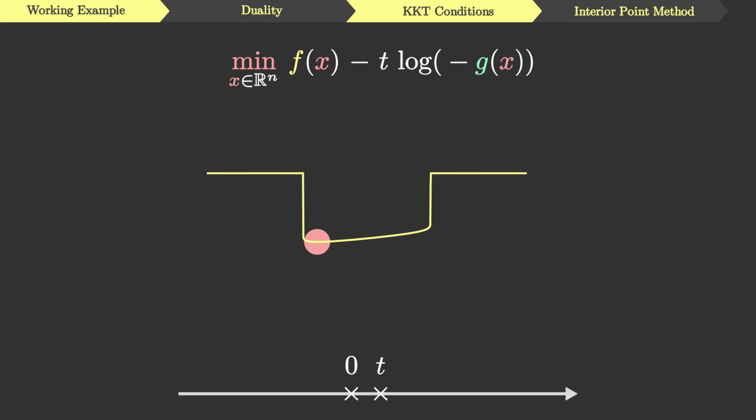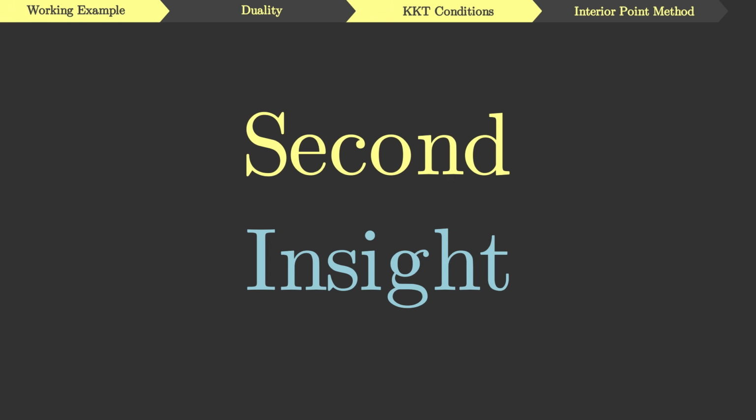But taking t to be too small causes issues, as it makes t times log behave like the discontinuous zero infinity penalty function we saw earlier. And practically speaking, what is going to happen is that Newton's method will be extremely slow to converge and will cause numerical issues. The second insight alleviates this issue in a very clever way.